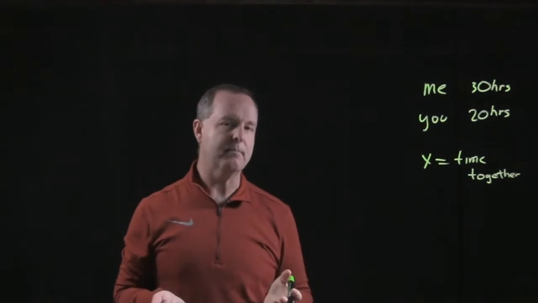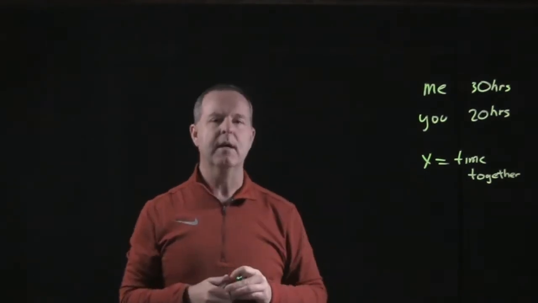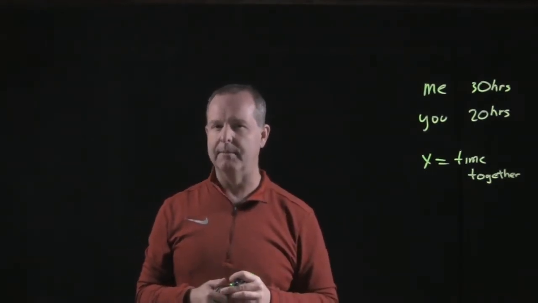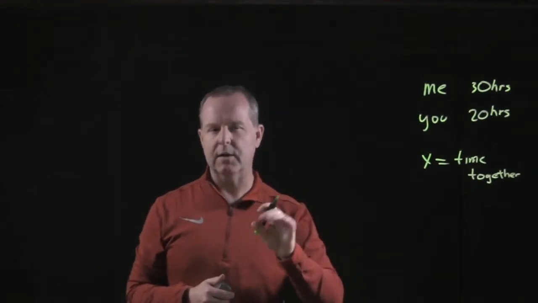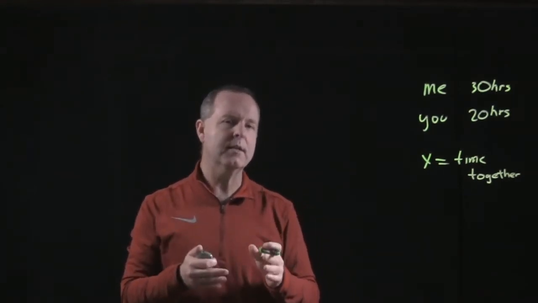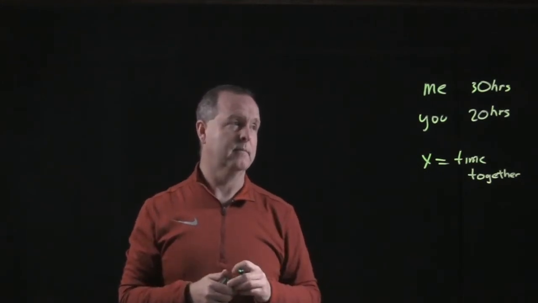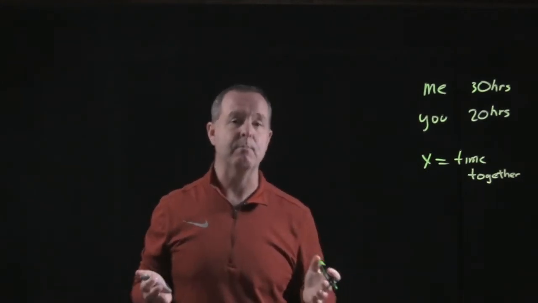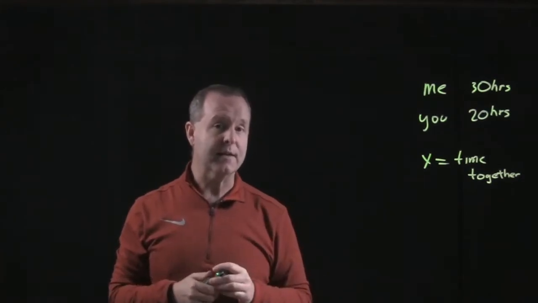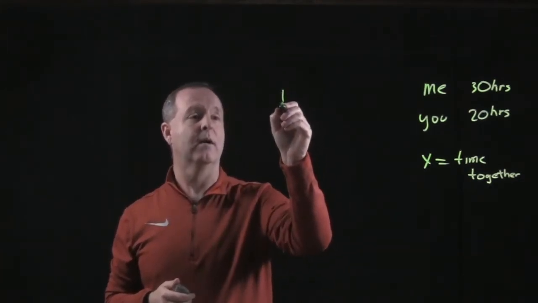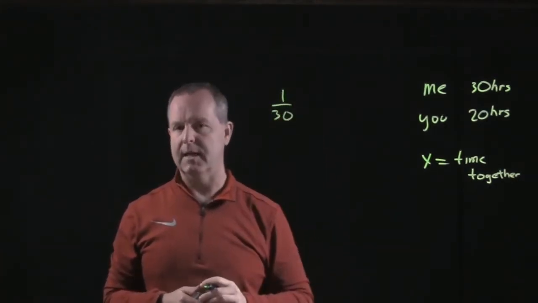So how we start to unpack this is we want to think about fractional parts of the job. We're going to change our gear a little bit and say, well, how long is it going to take me per hour to get the job done? Well, I think it's going to take me 1/30th of the job done every hour. Does that make sense?